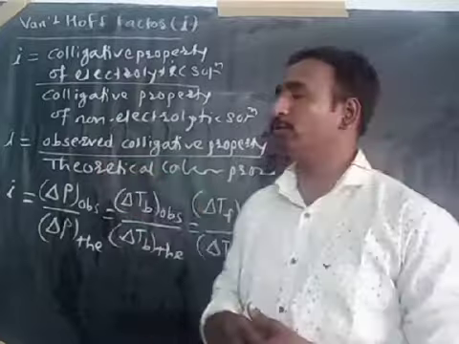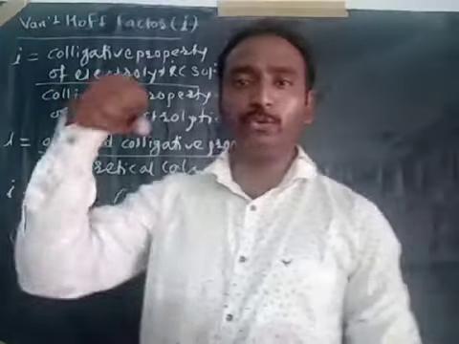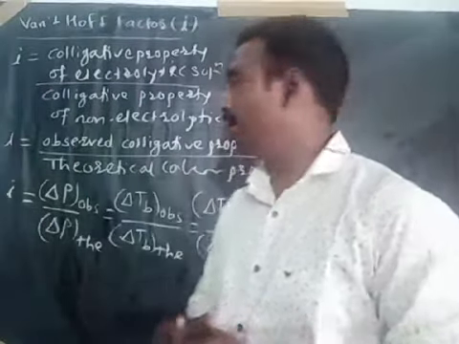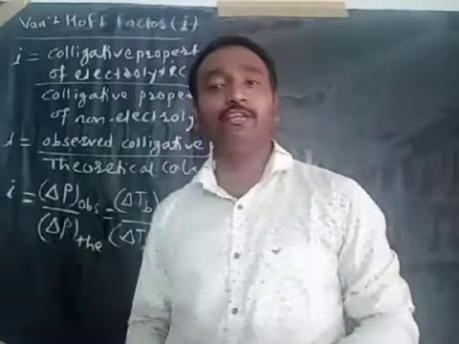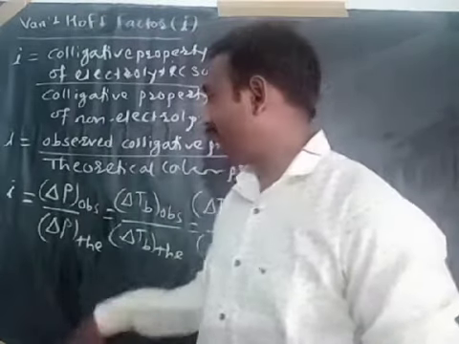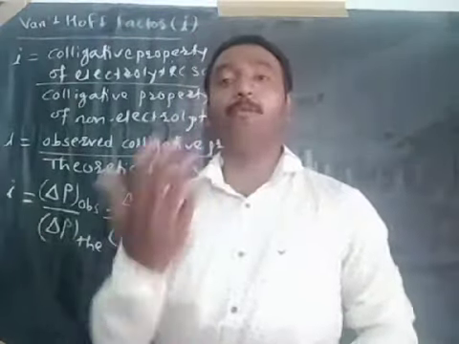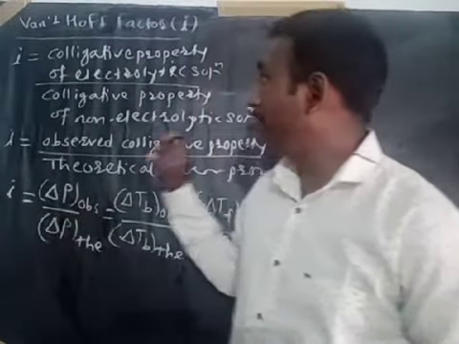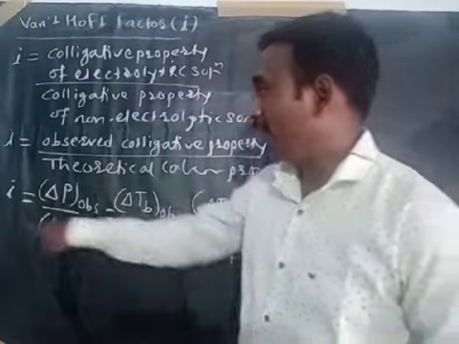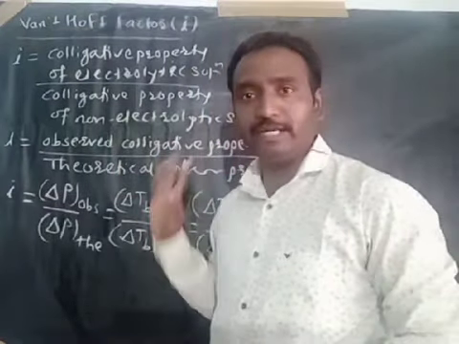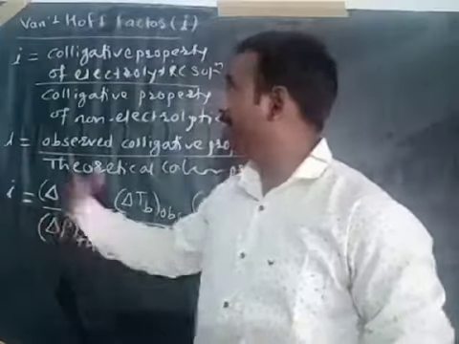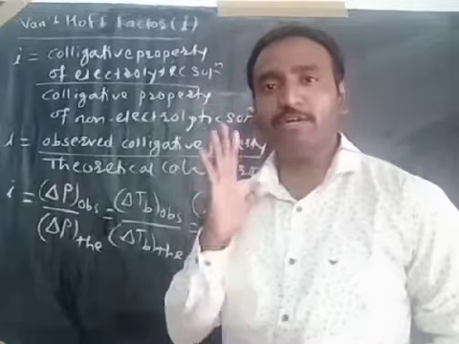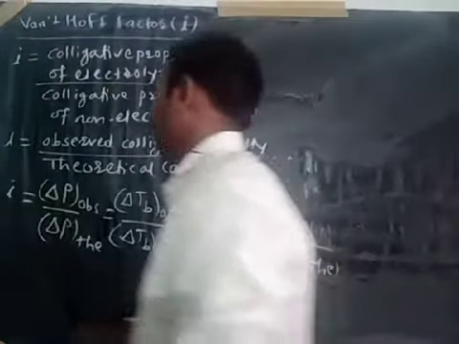For an electrolytic solution, due to dissociation there is an increase in the number of particles, so the observed and theoretical values differ, and the value of i will be more than 1. Keep in mind that i will be 1 for a non-electrolytic solution and greater than 1 for an electrolytic solution due to the increase in the number of particles on dissociation.